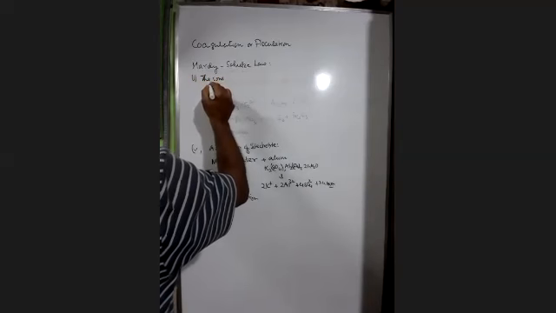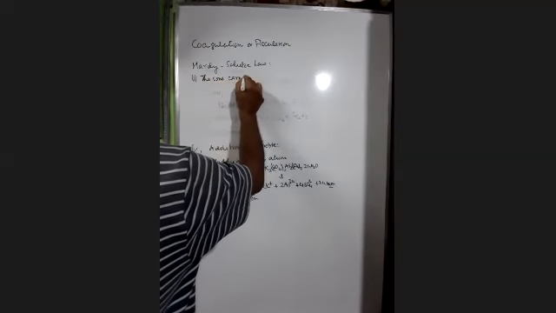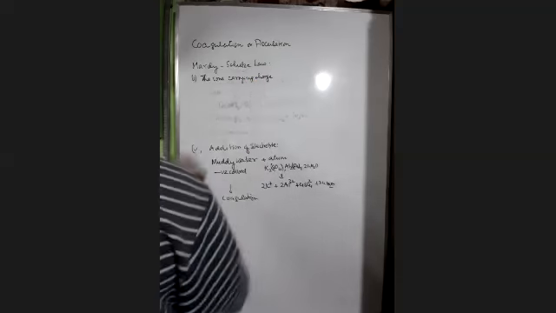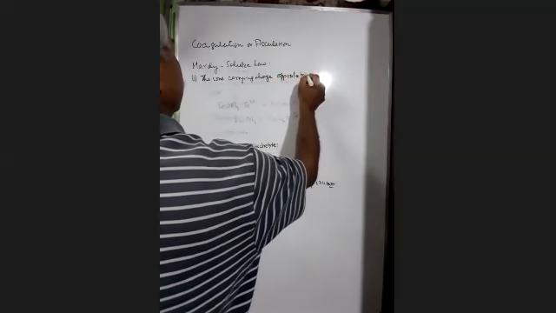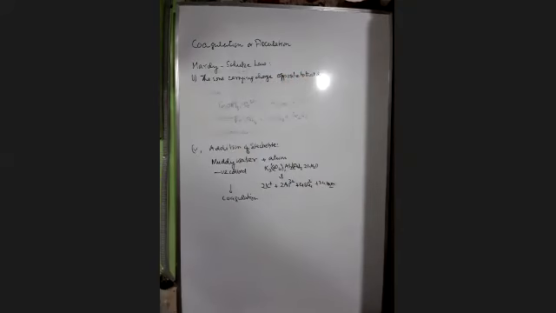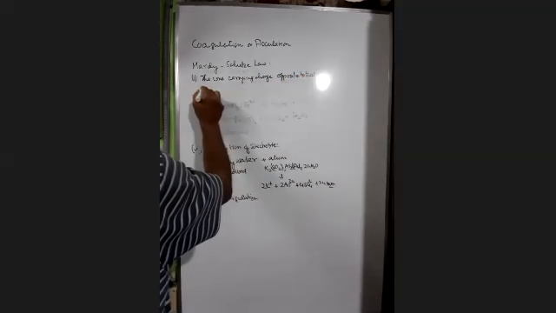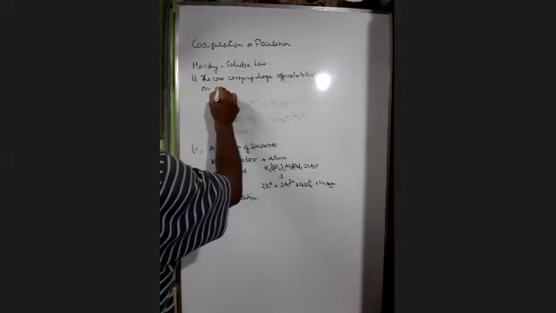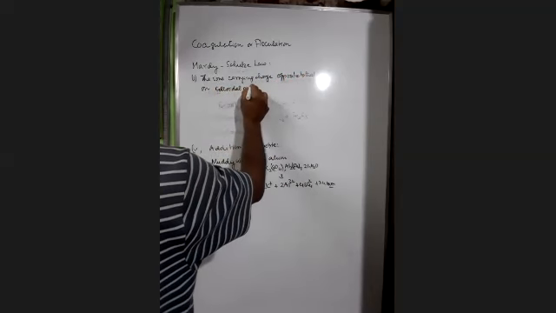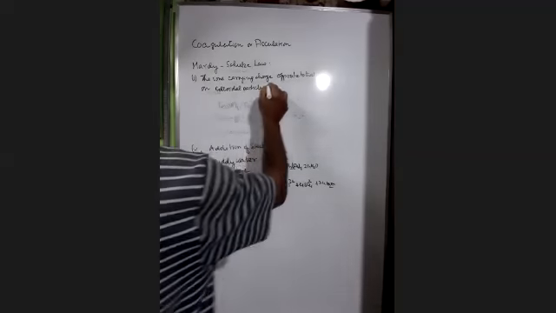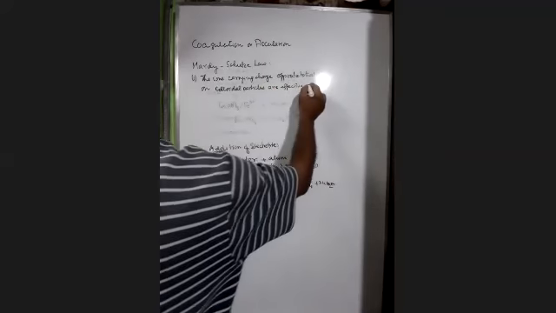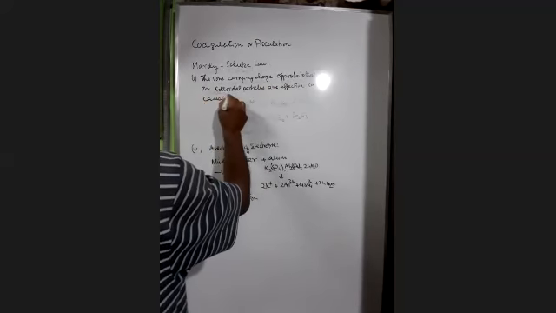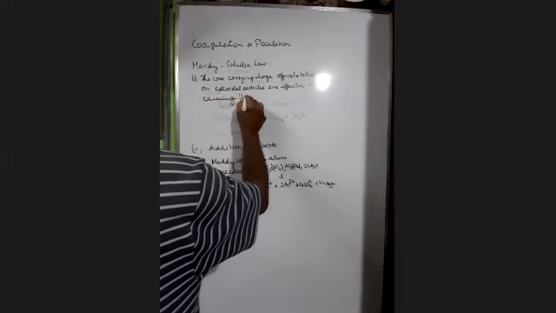The ions carrying charge opposite to that on the colloidal particles are effective in causing the coagulation. This is the first one.